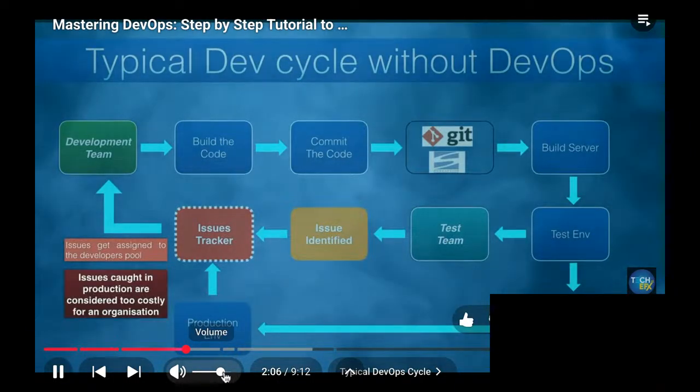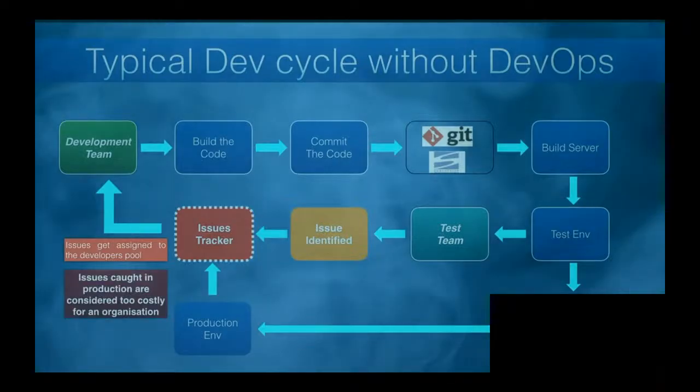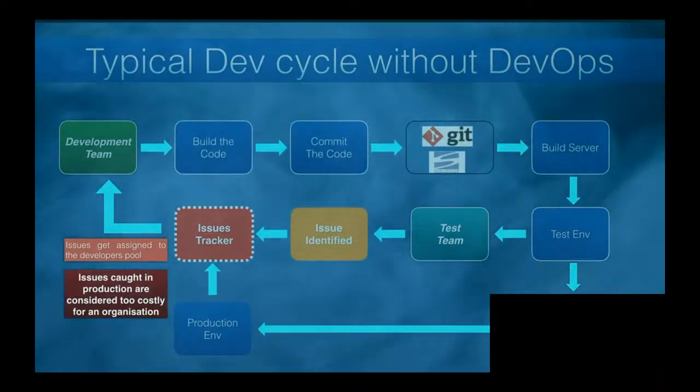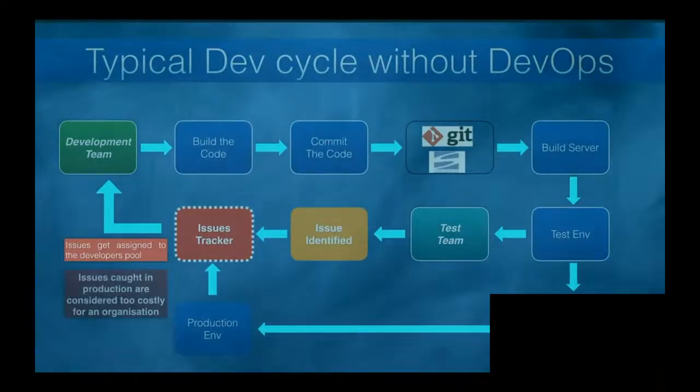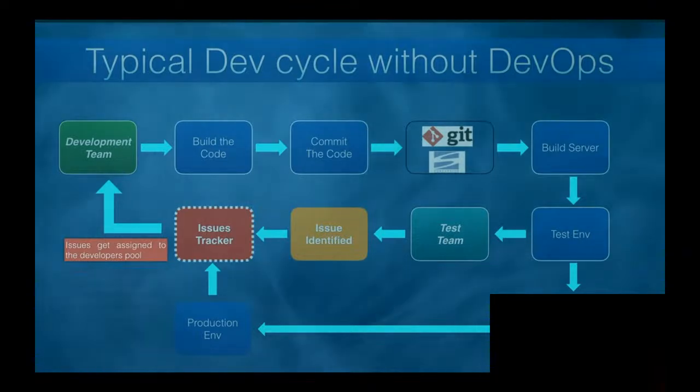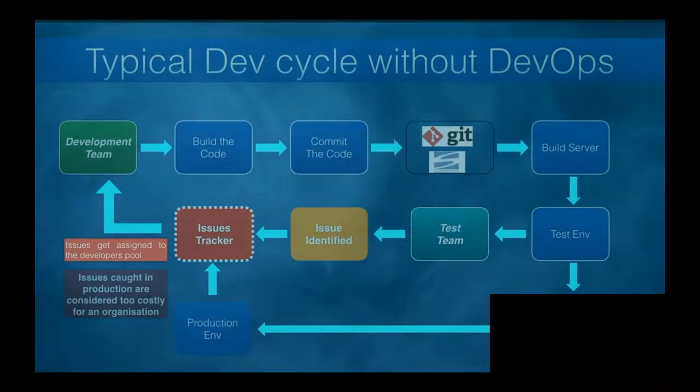The problem occurs when issues are caught in the production environment. Many times, it becomes tedious for the operation team to handle the issue and they need help from the development team to mitigate it on priority. This may lead to serious problems. How DevOps can solve such intermittent issues, we will see in our upcoming slides.